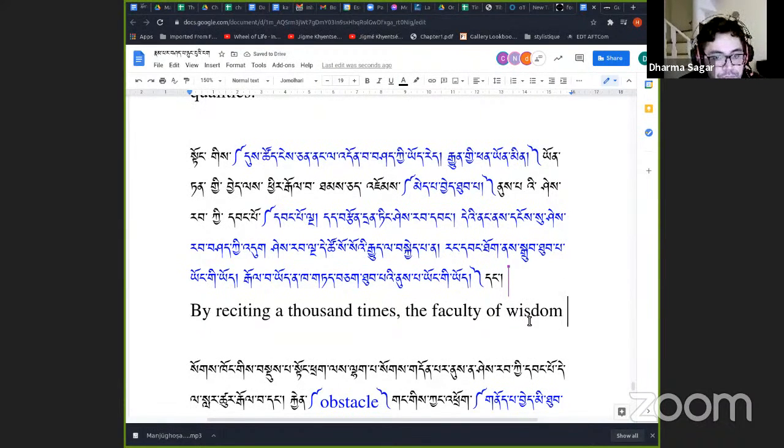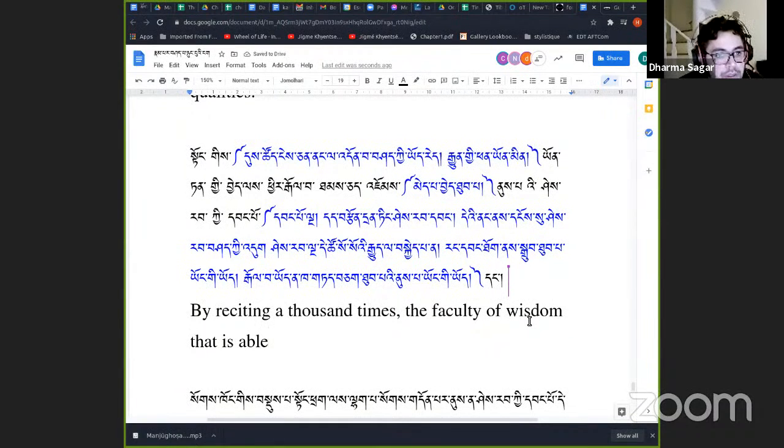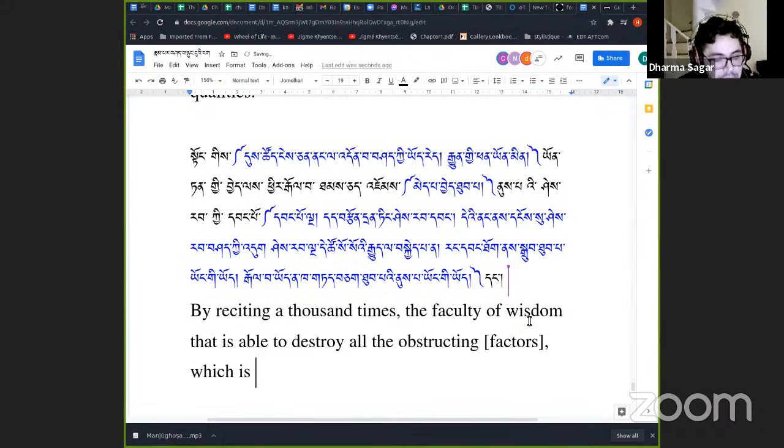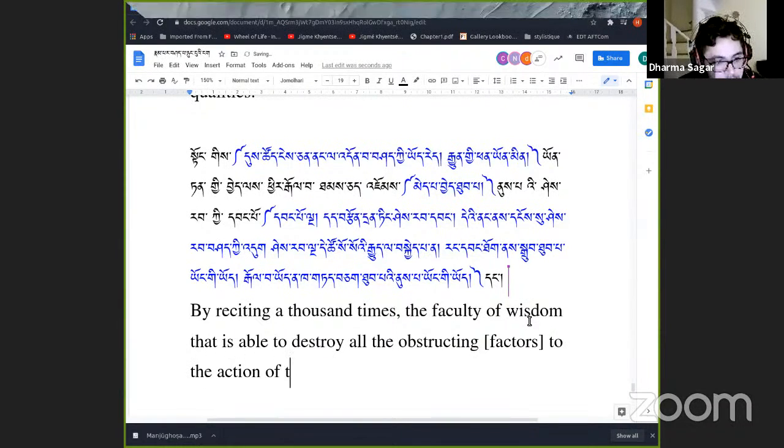Based on the faculty of wisdom that is able to destroy all the obstructing factors, is able to affect all the obstructing factors, of the action, of the qualities.